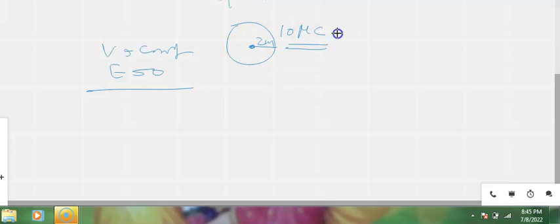It may be 100 microcoulombs and 100 meters, still the answer is the same. These numbers are only to confuse the student. That's why it's important that you know the concept. If you know the concept, then you can straight away answer that the electric field is 0 without having to do any work. Okay. So it is the concept.